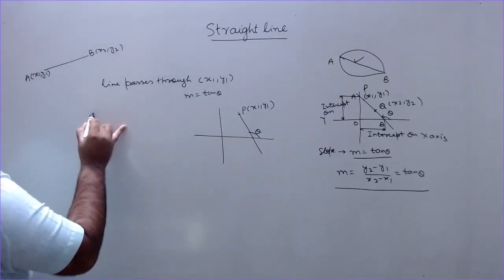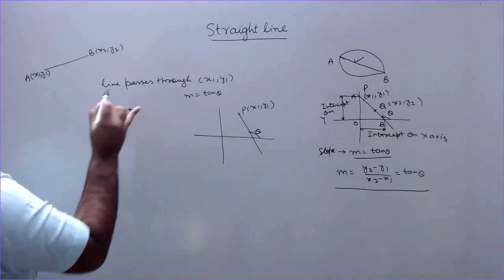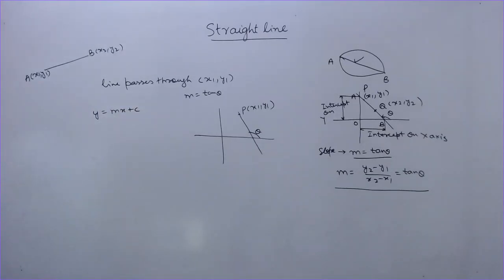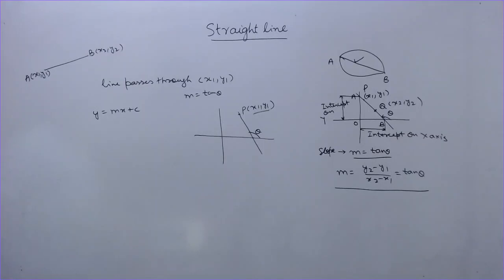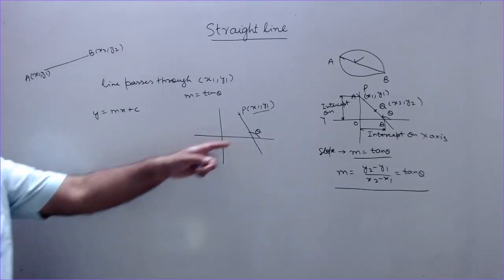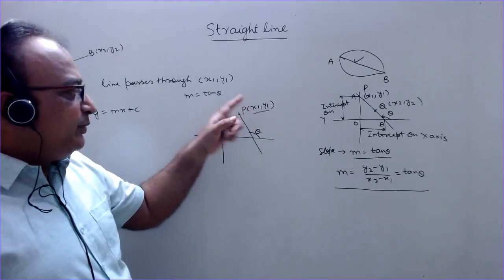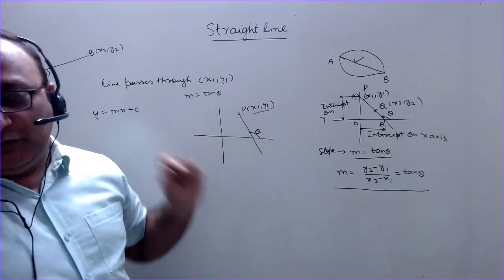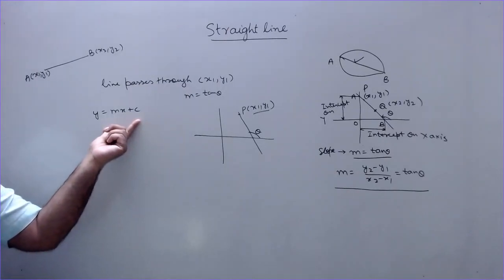So the general equation, we know that y is equal to mx plus c, where m is tan theta. Now the line passes through this point x1, y1. It means that the value of the point P, that is x1, y1, if you put x equal to x1, y equal to y1 in this equation, this must satisfy the equation.